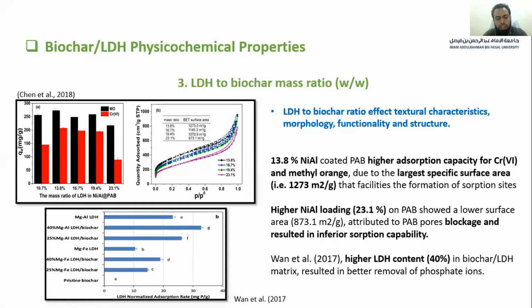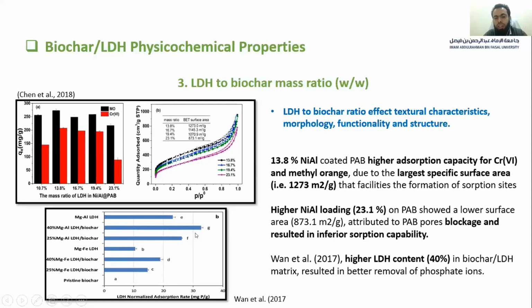In another study, Wang et al. prepared magnesium aluminum LDH biochar of different compositions, 25% and 40%. What he found is that by increasing the concentration to 40%, the removal of phosphate is comparatively higher compared to the 25%.